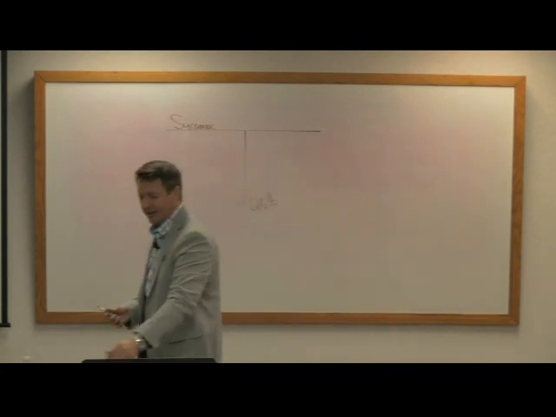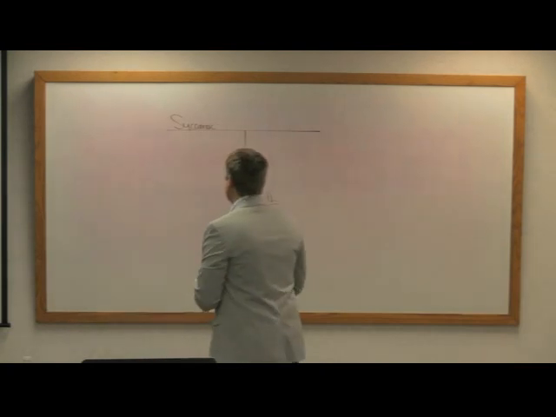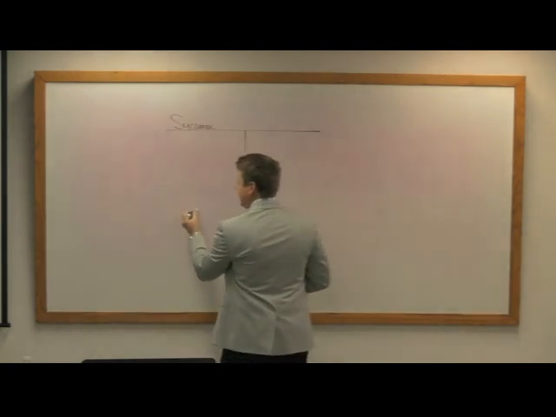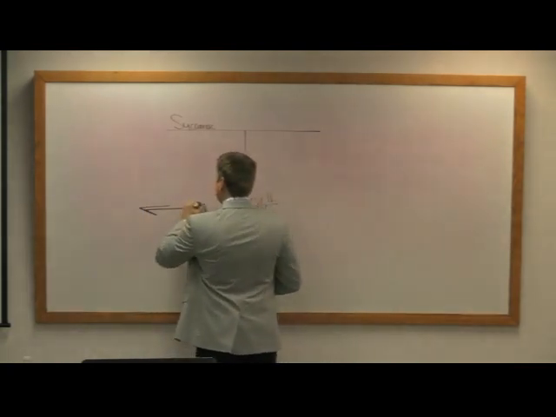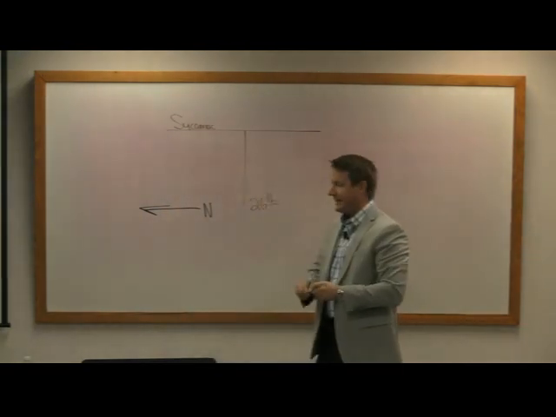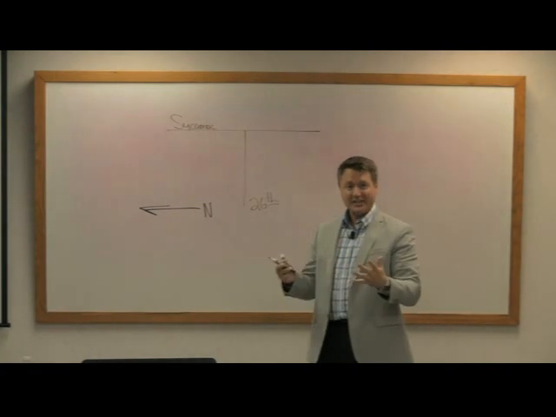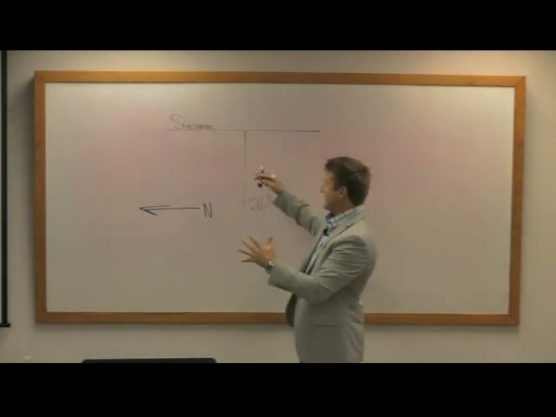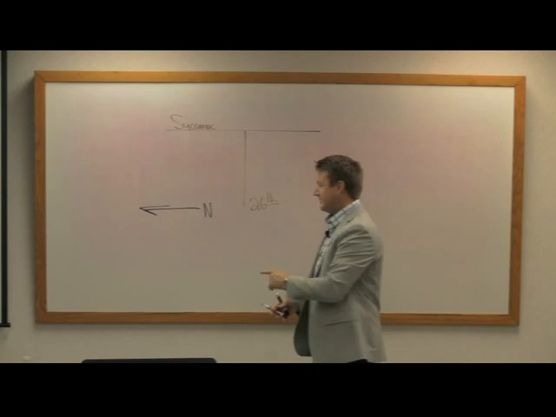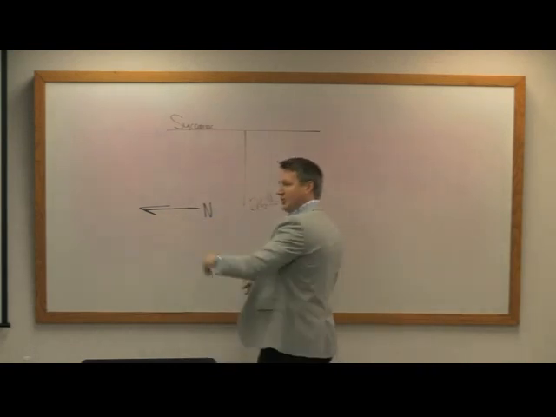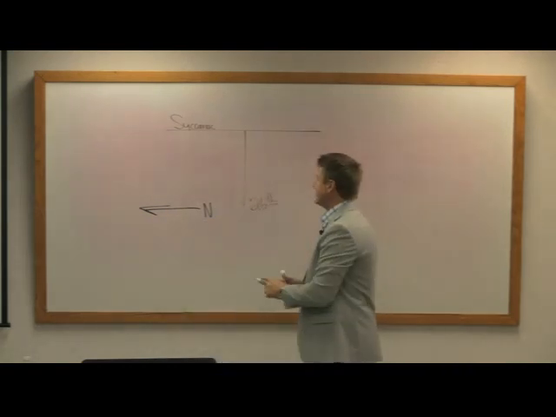My north here is this way. That's north, okay? So if you're from Sioux Falls, don't try to correct me because you're saying, well, this isn't how Sycamore runs. When you look at it, that north is this way, it is accurate, okay?